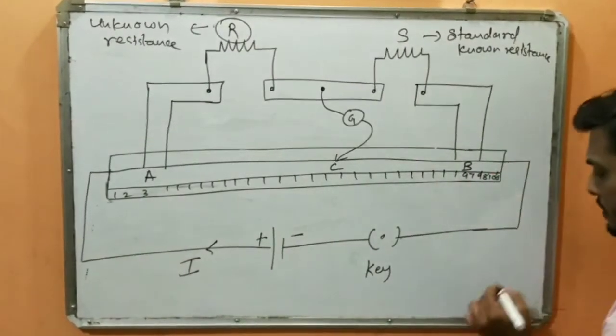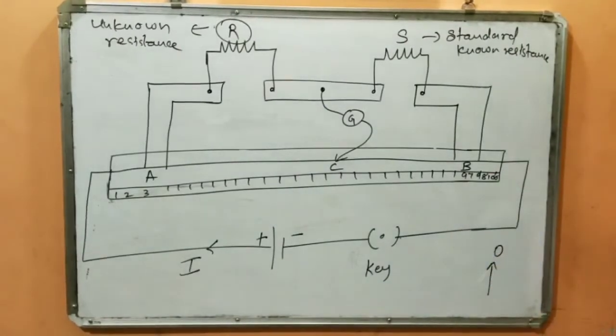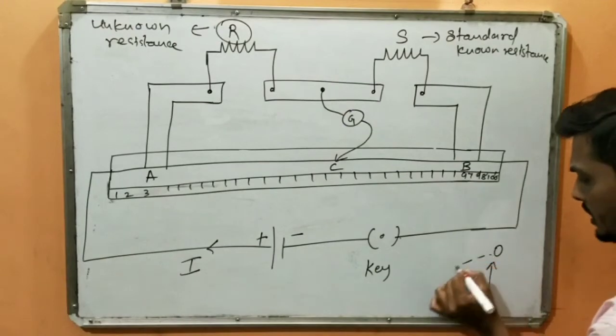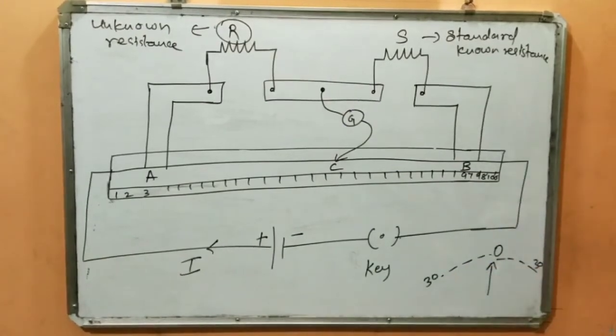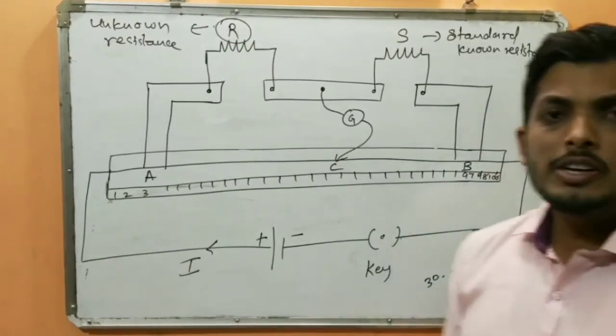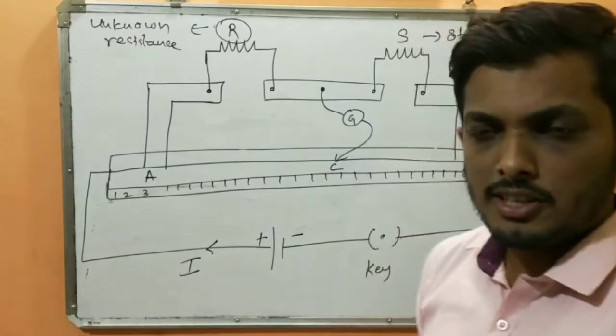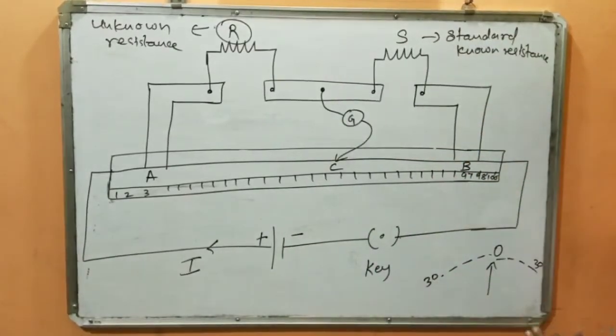For instance, you can imagine a galvanometer looks like this. It has the pointer pointing at 0, and on the left-hand side we have 30 divisions, on the right-hand side also we have 30 divisions. This pointer is free to move once it is connected to any electrical circuit. If there is current flowing through it, the galvanometer deflects. It may deflect on the left-hand side or on the right-hand side.